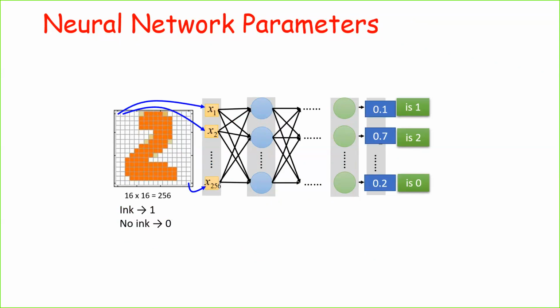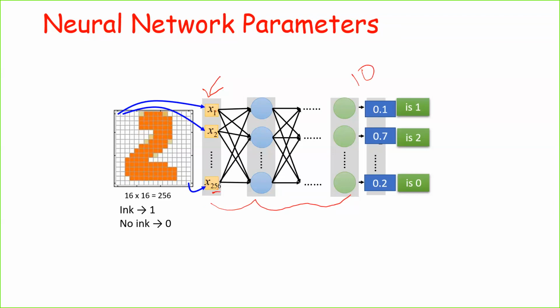If the image size is 16 by 16, total 256 pixels are there. It means the input layer size is 256, x1 to x256. These go through a series of layers, and finally at the output layer you have 10 units, because there are 10 classes.